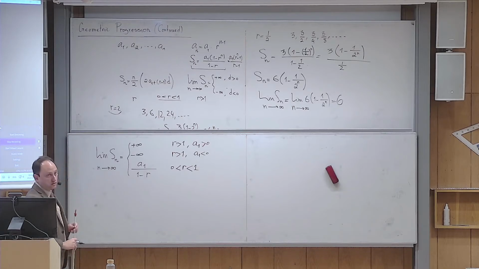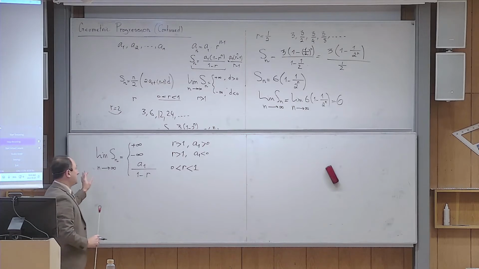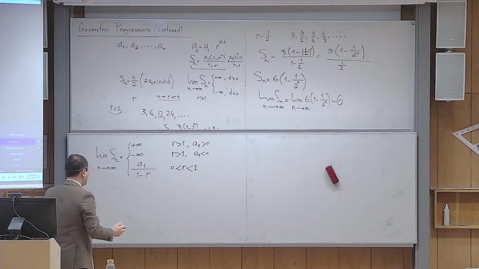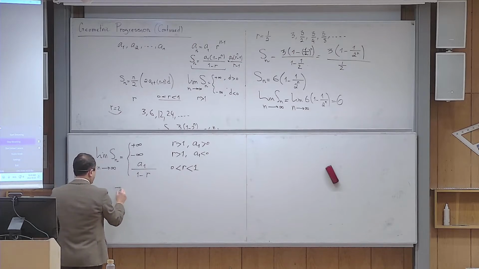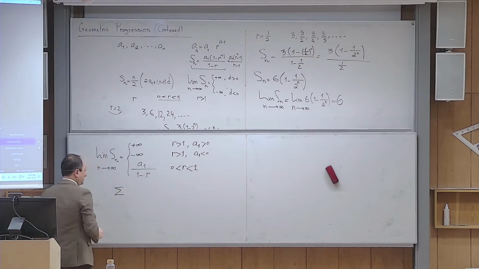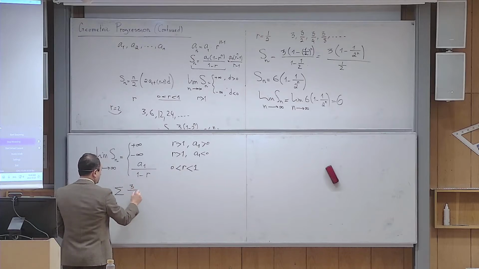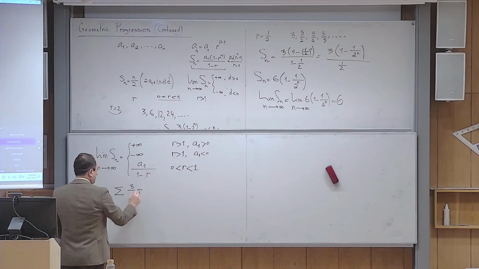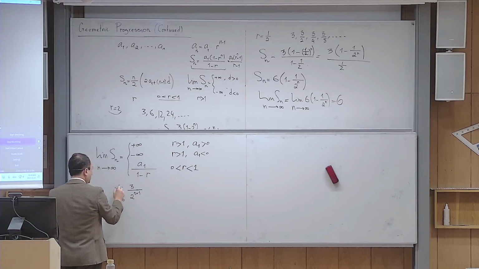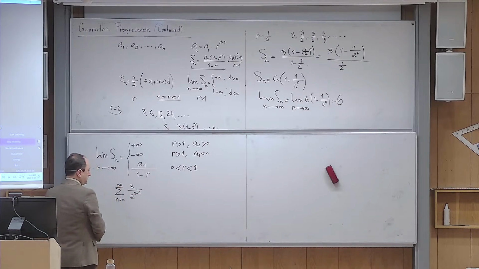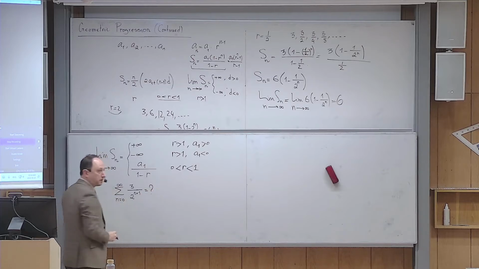That was missing from my lesson last time. I saw that this is also in the book. So if you have a geometric sum, for example, they might write something like sigma of 3 over 2 to the power of n plus 1, and then they say n goes from 0 to infinity. So you want to understand this sum.